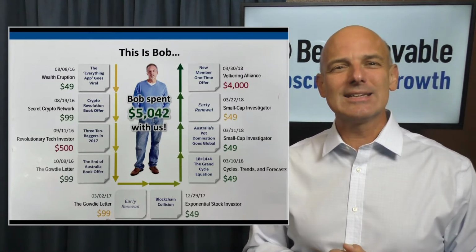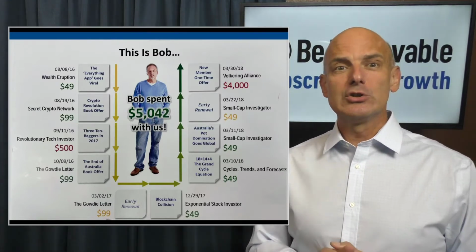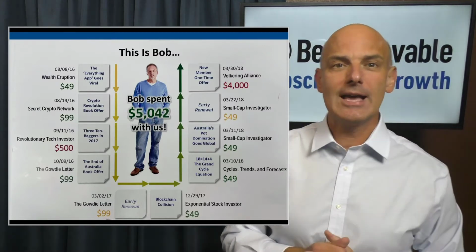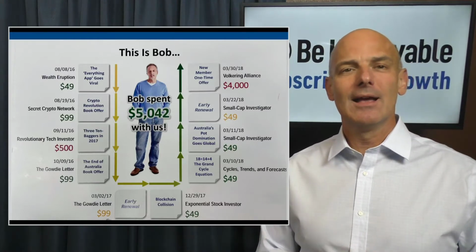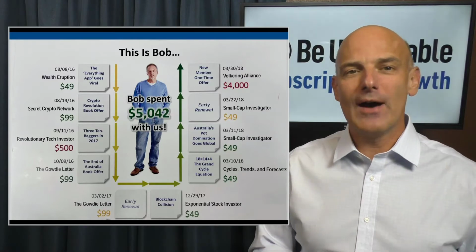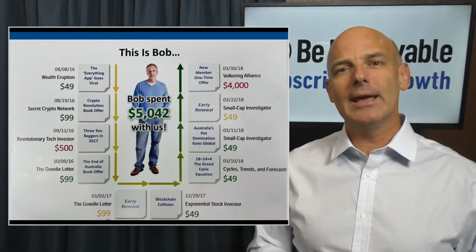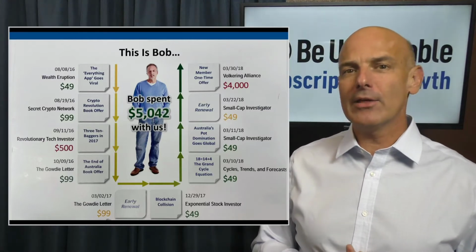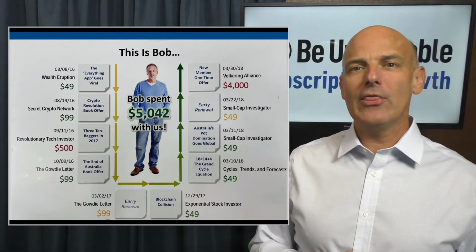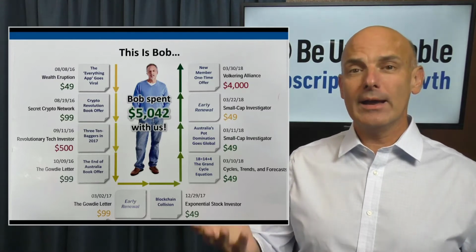So it's 8/8/16 with a $49 subscription to Wealth Eruption, which is a publication, and you can see that Bob bought on the Everything app goes viral promotion. And then you see that his purchases culminate on March 30th, 2018 with a $4,000 purchase for the Volkring Alliance.